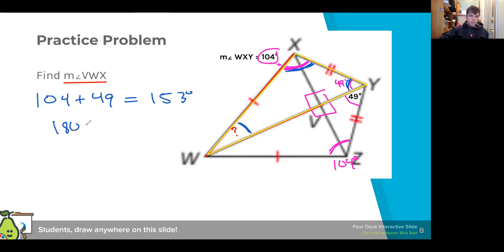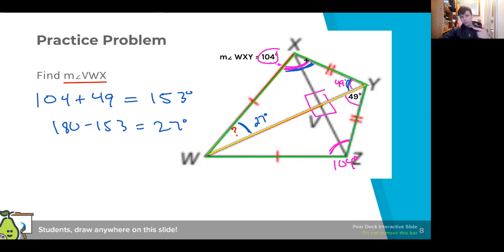So 180 minus 153 is going to give me, again, 27. Same answer either way. That kind of helps confirm both of them, to be honest, that 27 was right. There's even a third way to go about this that involves, instead of triangles, looking at our entire quadrilateral.